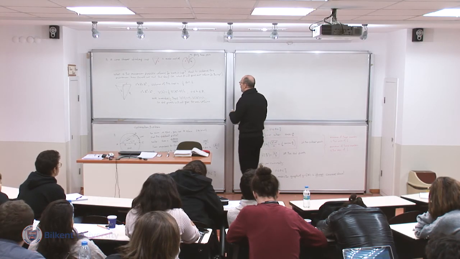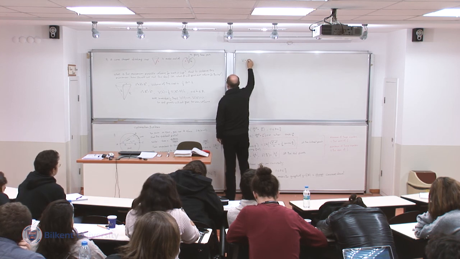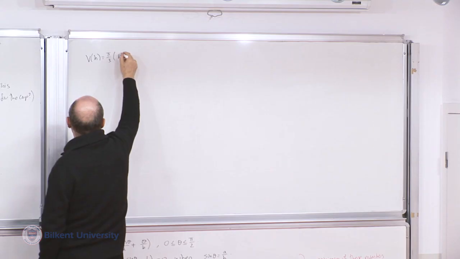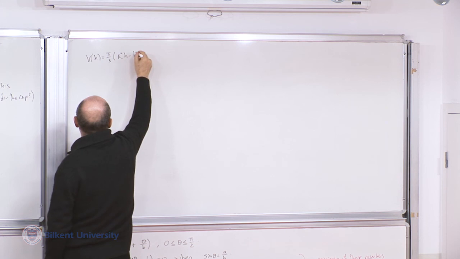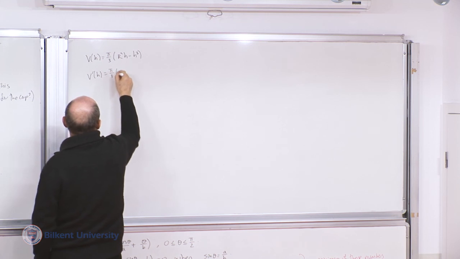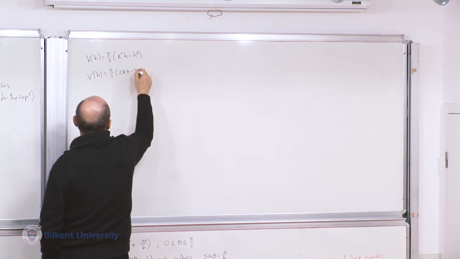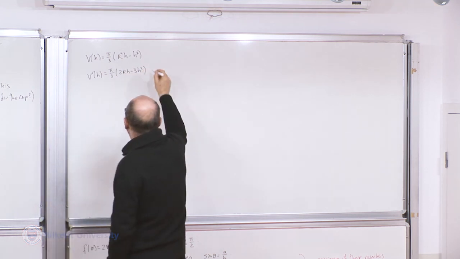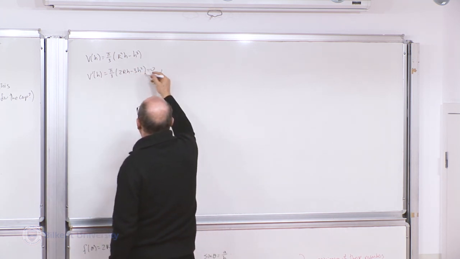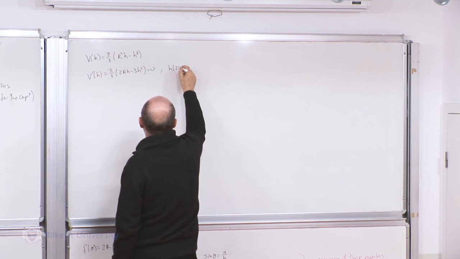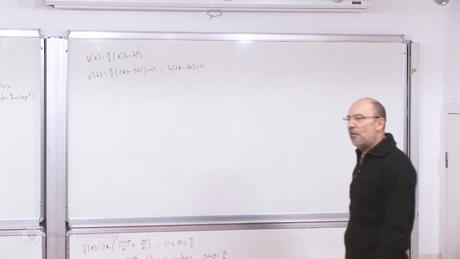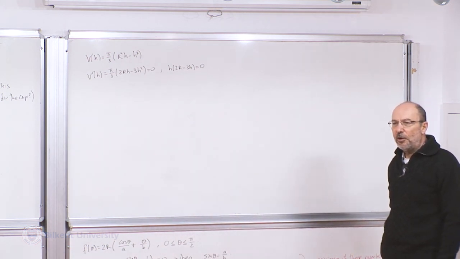Okay, so let us write V(h). V(h) is equal to pi over 3, this is constant, times R squared h minus h cubed. So I have V prime of h equals pi over 3 times (2Rh minus 3h squared). I want this to be equal to 0. I can take h out: 2R minus 3h equals 0. So we have only one critical point inside the interval.